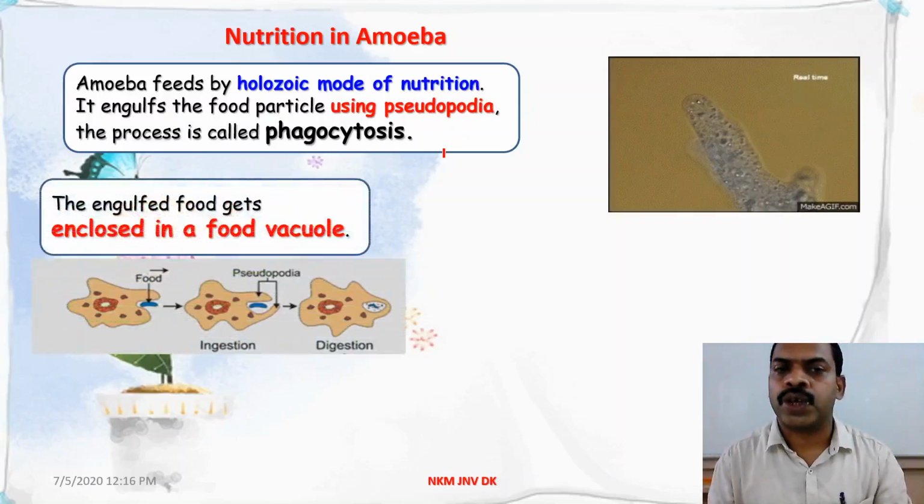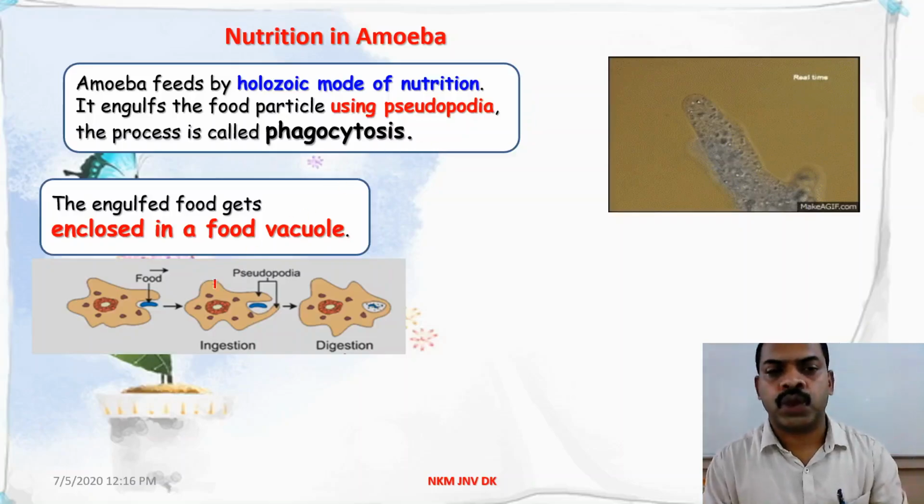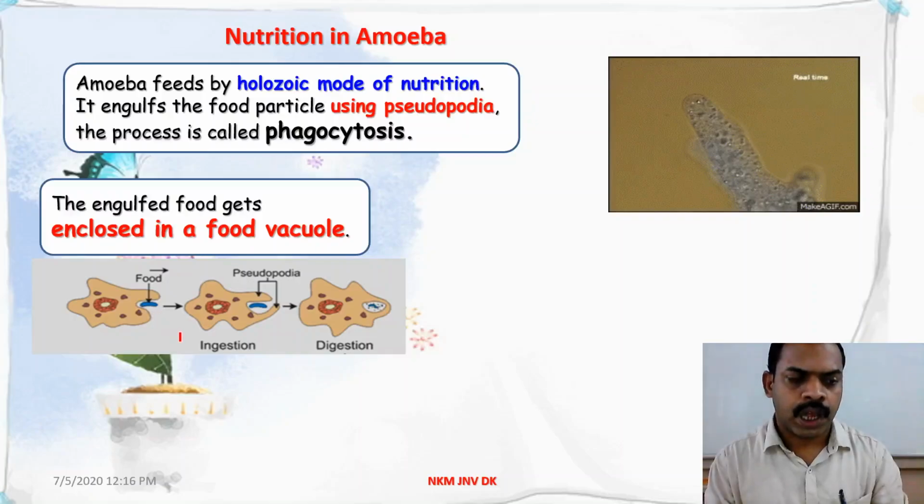They use pseudopodia and engulf the food materials. That process is called phagocytosis. We can see in this image that the food is present. Amoeba is sensing the food, right?